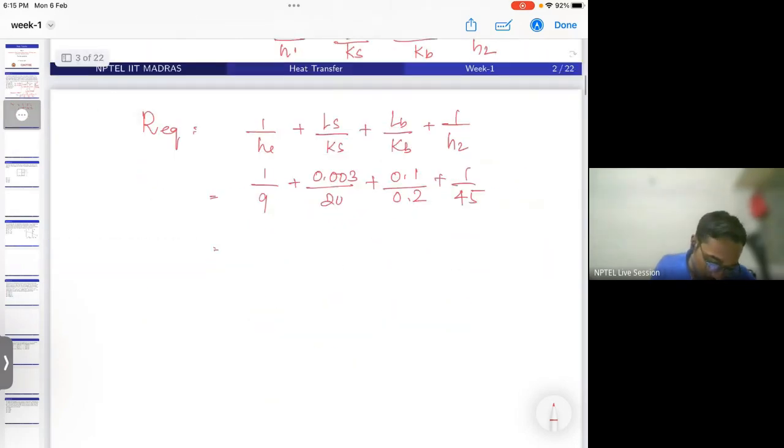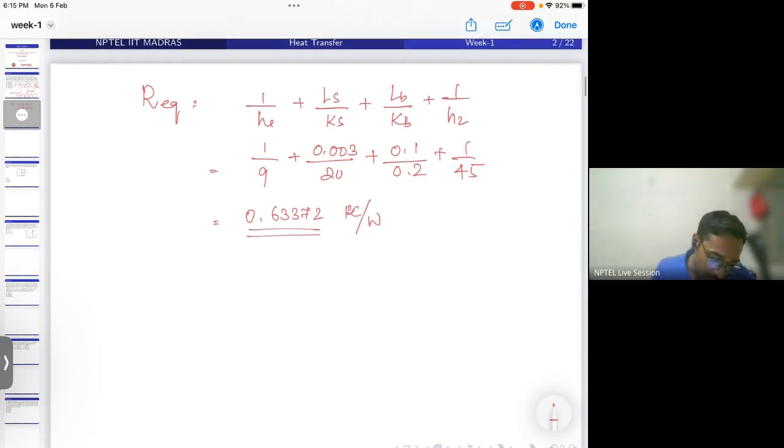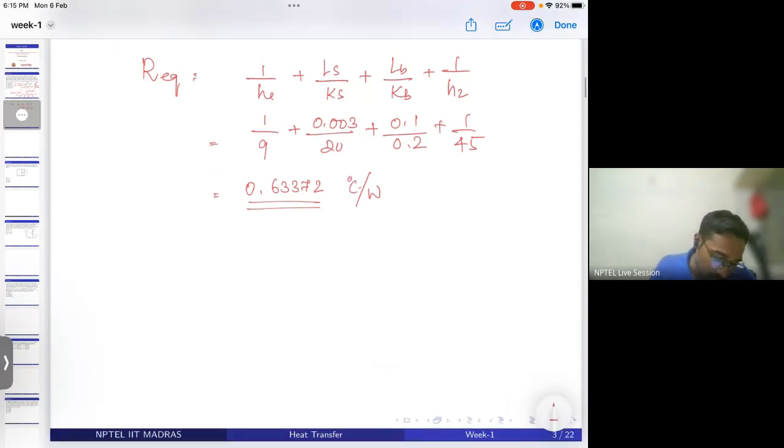So what is this answer? This is around 0.63372 degrees Celsius per watt. You can write either Kelvin per watt or degrees Celsius per watt.